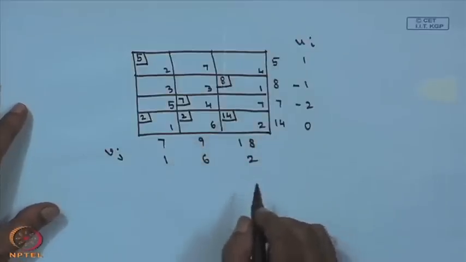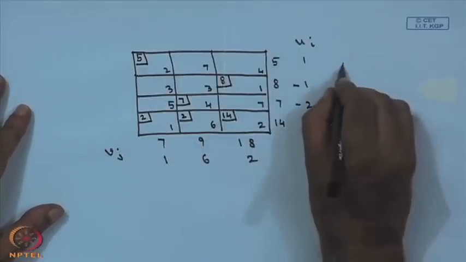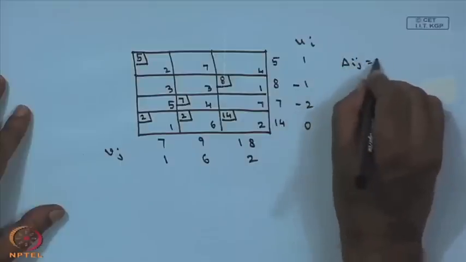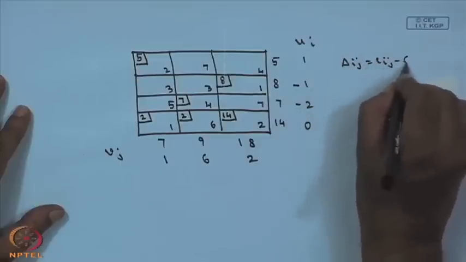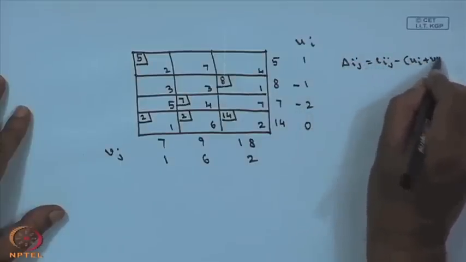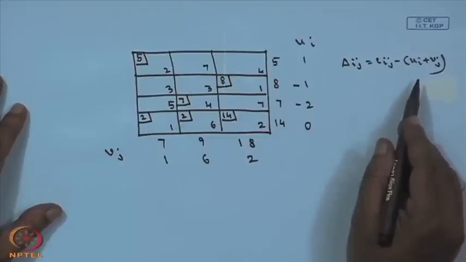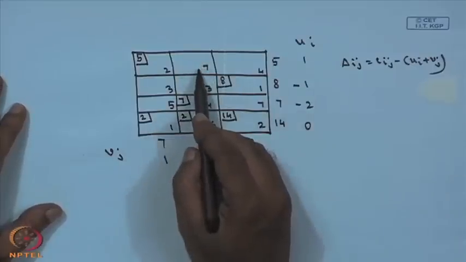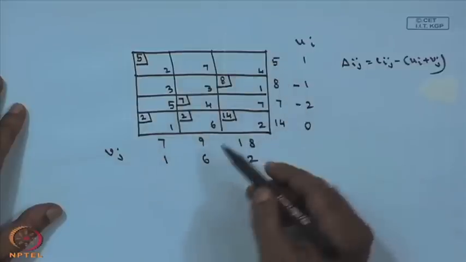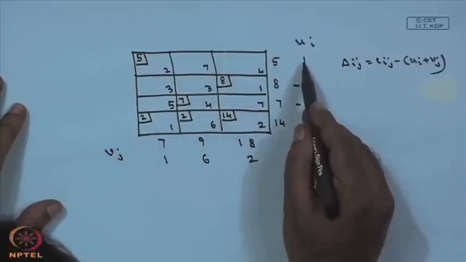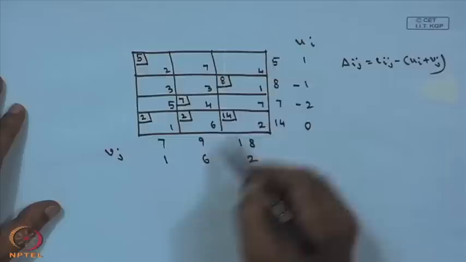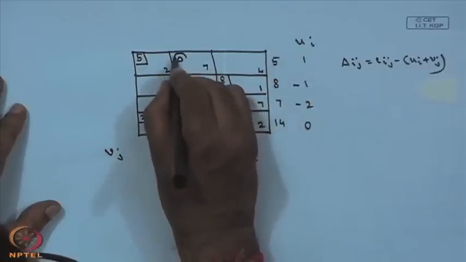Now calculate delta ij equals Cij minus Ui plus Vj, as I have told. Cell 1 2 is unoccupied, Ui plus Vj is 7, so Cij minus Ui plus Vj is equal to 0.